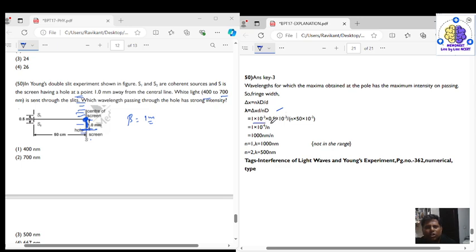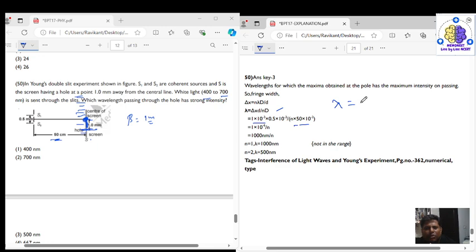Small d, that is the distance between the slits, is given to us as 0.5 into 10 to the power of minus 3 upon n into capital D, that is 50 centimeters, right? 50 centimeters.